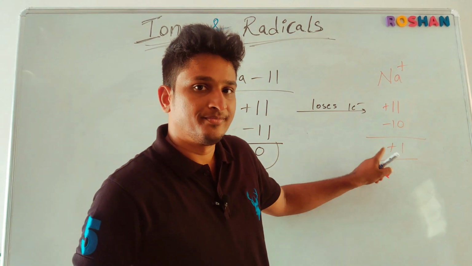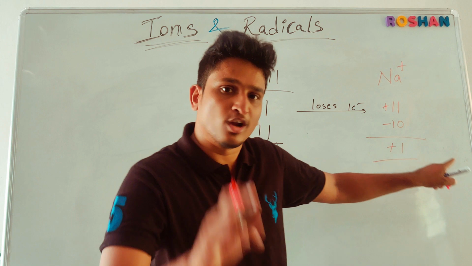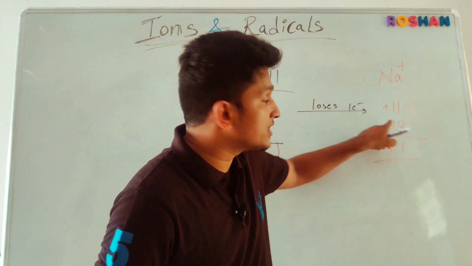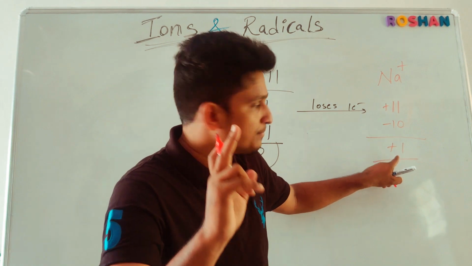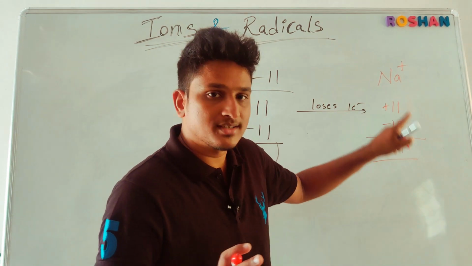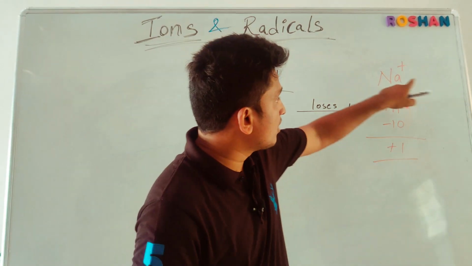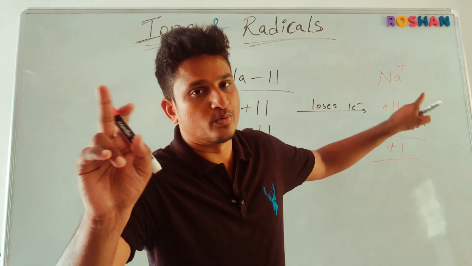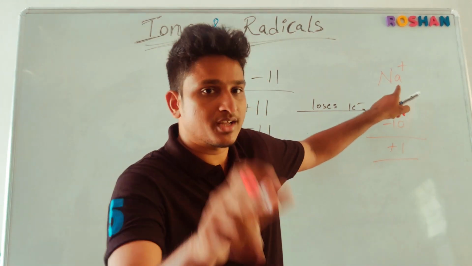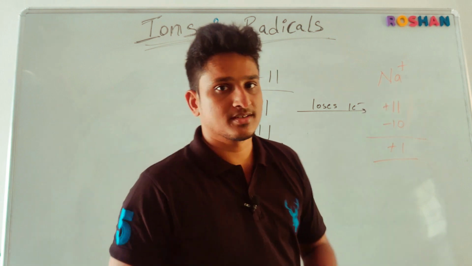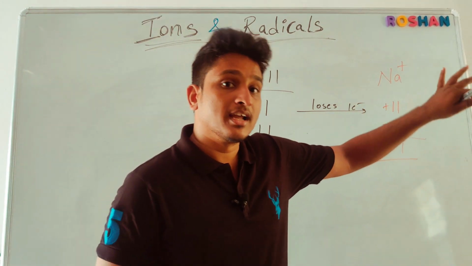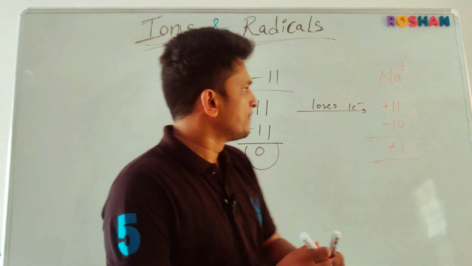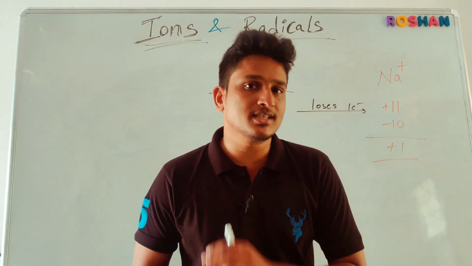Because it lost 1 electron, and now the positive charge is dominating by 1 particle: plus 11 minus 10. That's why Na plus 1. Can we call Na plus 1 a sodium atom? No, sodium ion. Which ion, cation or anion? Positive means cation. Got the clarity? This is the reason why atoms, after losing an electron, become positively charged particles. If an atom loses 2 electrons, what is the charge it will get?